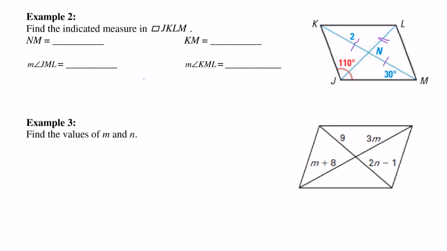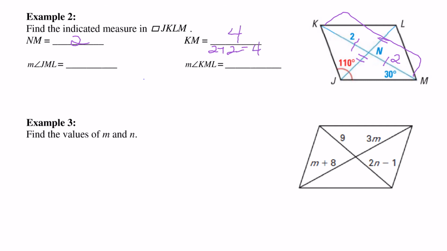So KN is congruent to NM. In my picture, I know that this piece will also be congruent, and since KM is the whole distance, I'm just taking 2 plus 2. So I know that the whole diagonal will be 4.